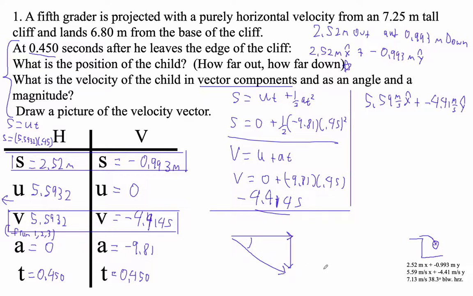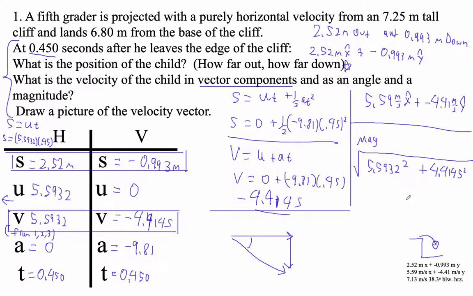So the magnitude is the square root of 5.5932 squared plus 4.4145 squared. Remember, do not put the minus sign in there, because your TI calculator will get the wrong answer. Other calculators don't, I'm just going to say.